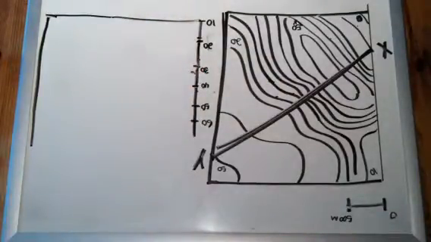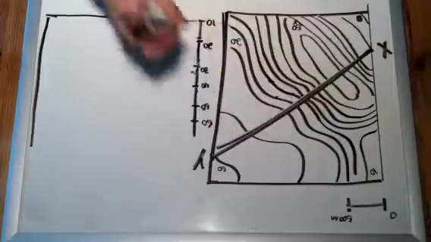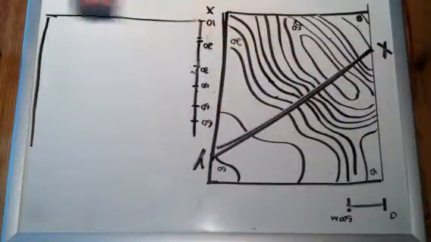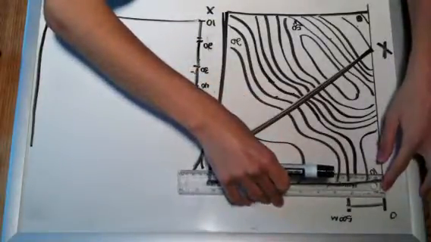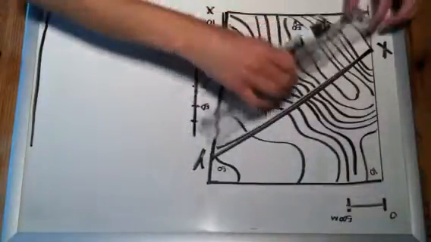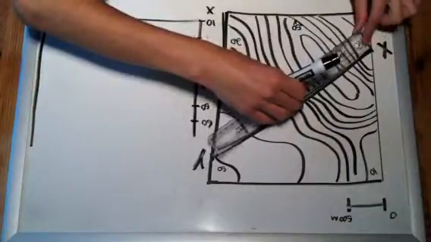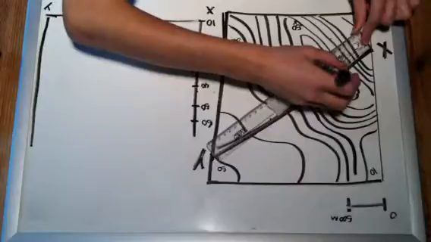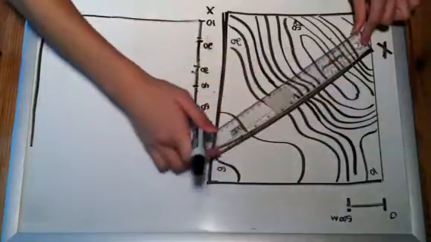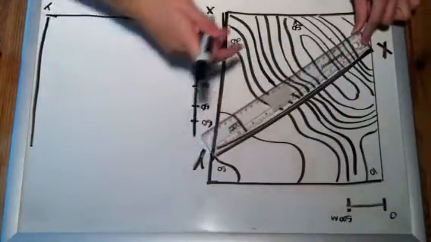And now we have to work with our horizontal axis, which in this case is the distance across line xy. So we'll start here, going from x to y. 500 meters is about 2¼ inches. That goes, this is about a foot.